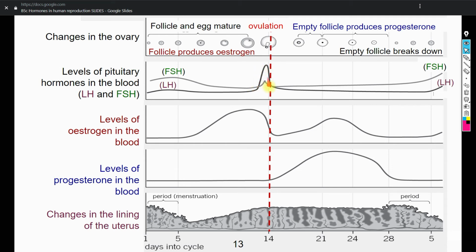This big spike here is a big burst of LH hormone in the blood, and that targets the matured follicle and egg, and that big burst of LH causes ovulation, the release of the egg from the mature follicle. Ovulation happens around day 14 of the 28-day menstrual cycle.